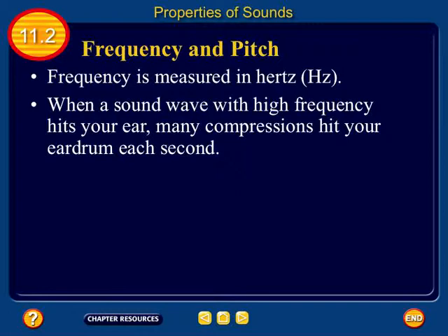But keeping in mind, guys, our brain is just interpreting that. Really, in terms of a sound wave, a high-pitched sound wave wouldn't look so much different than a low-pitched sound wave. Sure, the compressions would be closer together, that would be the frequency, but not much difference. The only difference is that we're perceiving it as being higher.